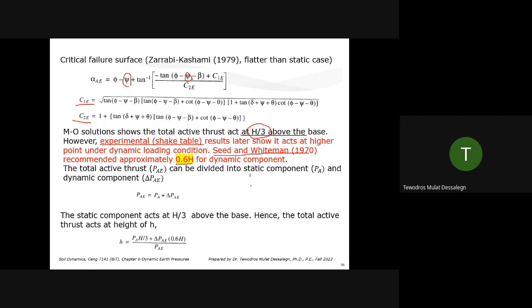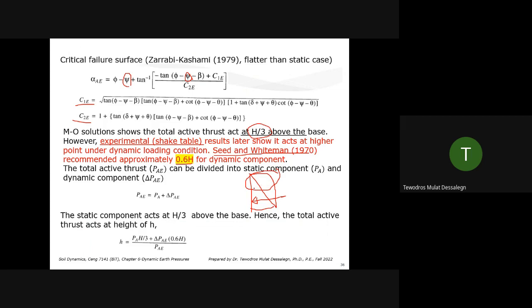So normally the static component acts at H/3, right? It's right here, let's say, for a static force. But the dynamic force is not like a triangular distribution. It has some larger value at the top, the total dynamic force.